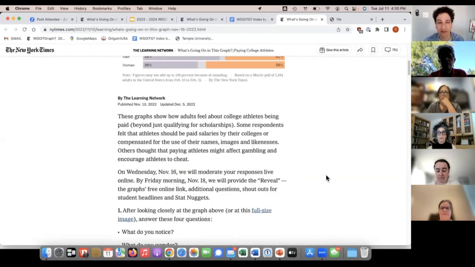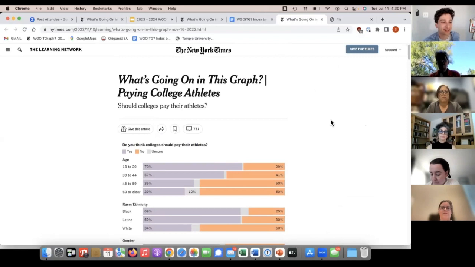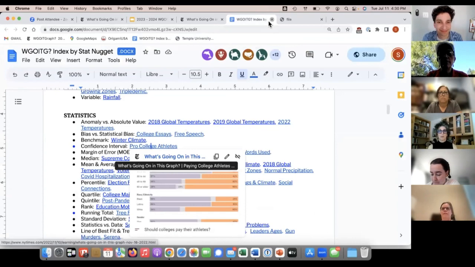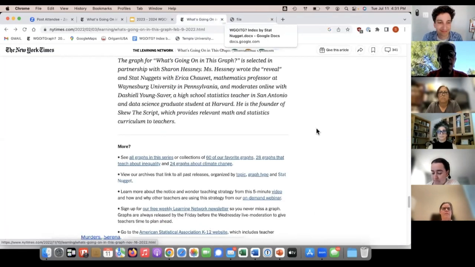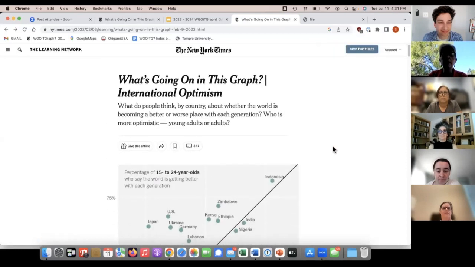One question is, is there any filtering by grade level or level of mathematics? No. Let me tell you a couple of stories on this one. The New York Times really believes that you never say this is only for certain grade levels.